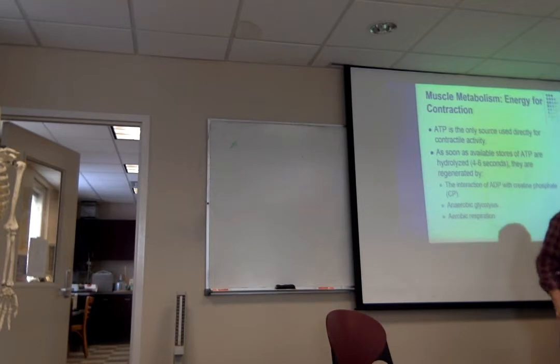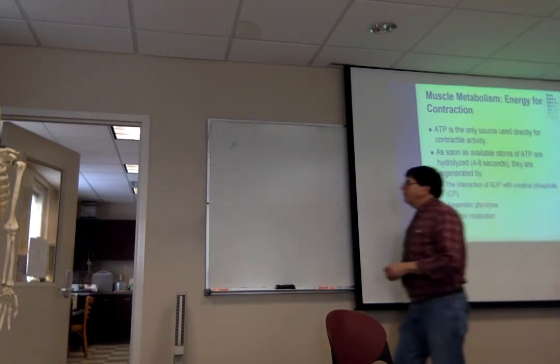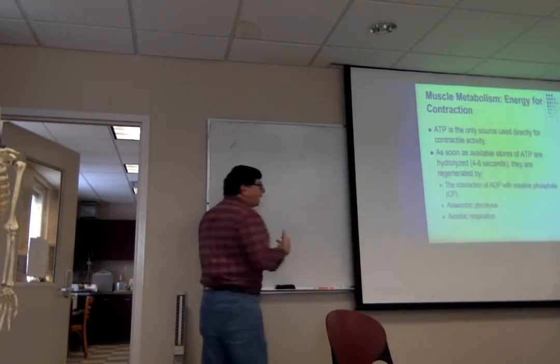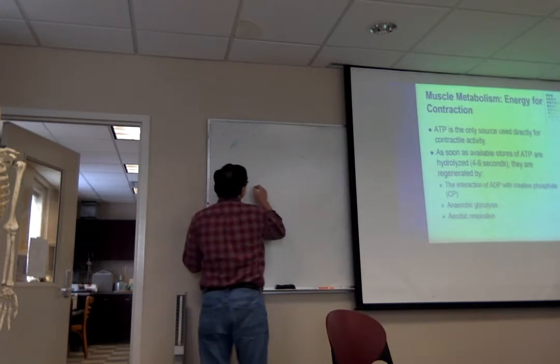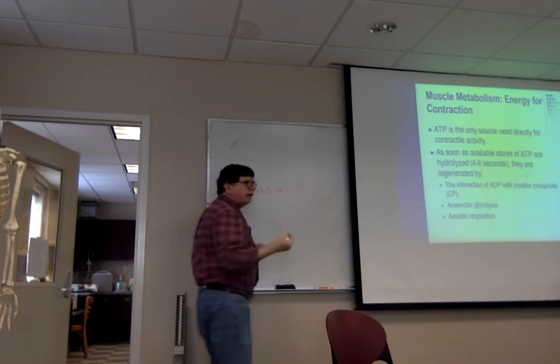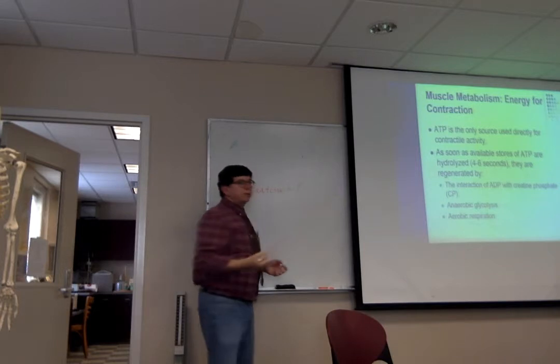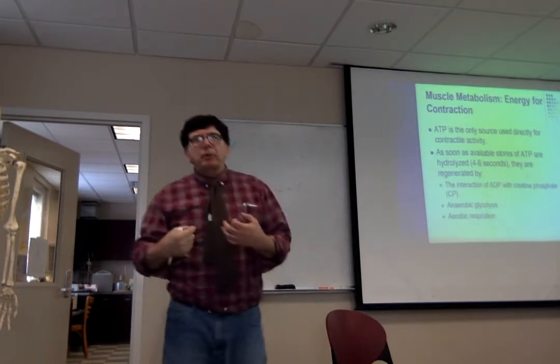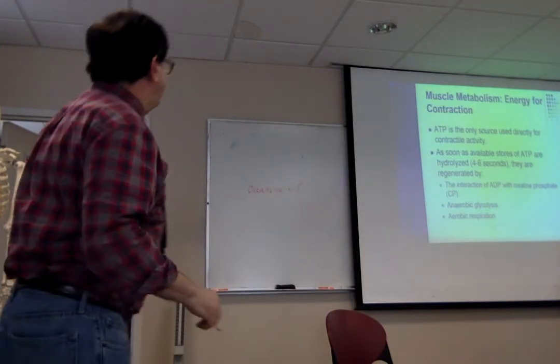Creatine is a muscle protein that can create a high energy bond with phosphate. In other words, creatine can form, and when I use this little wavy line, it means a high energy bond. It's a bond that's easily broken, and when broken, releases energy.